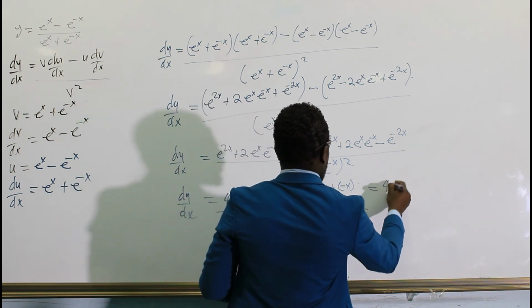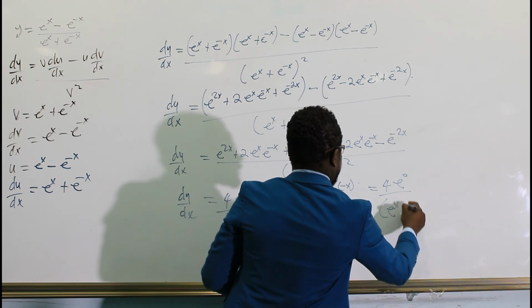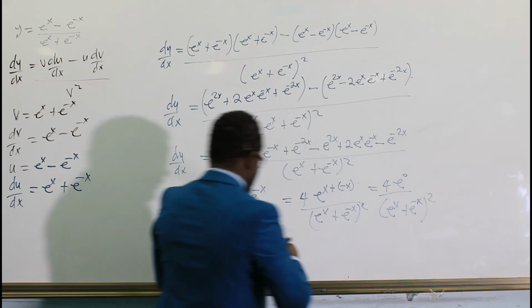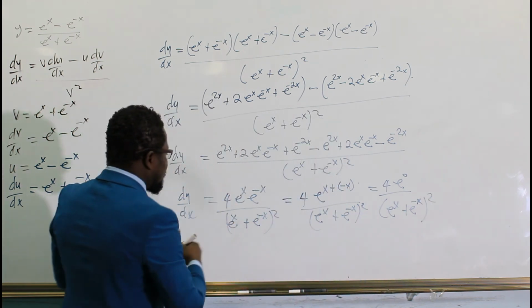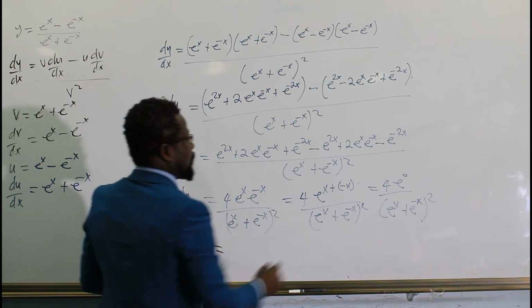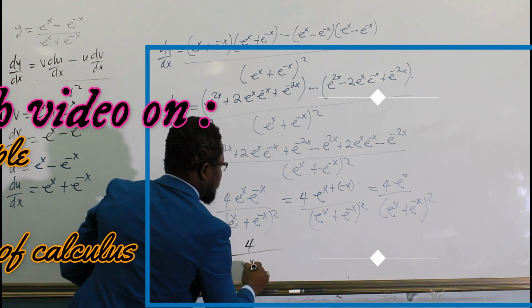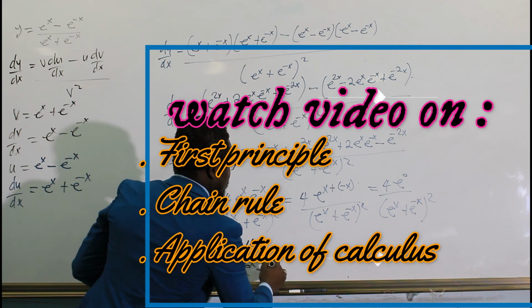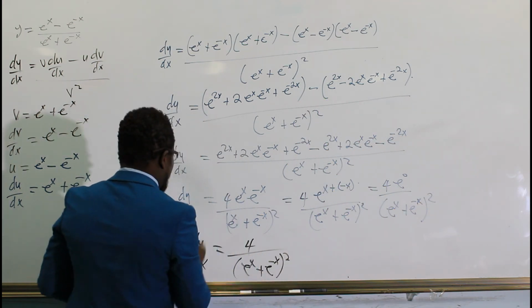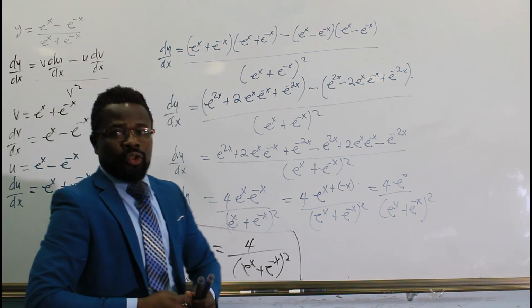So this is 4e^0, which equals 4, divided by (e^x plus e^(-x)) all squared. Finally, dy/dx is simply 4 divided by (e^x plus e^(-x)) all squared. That will be the derivative of the function that we were given to solve.